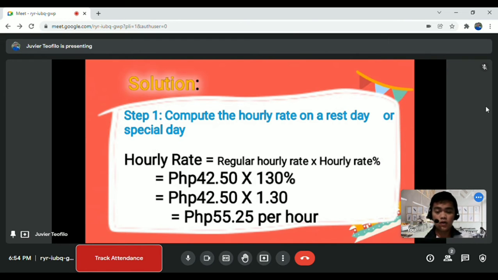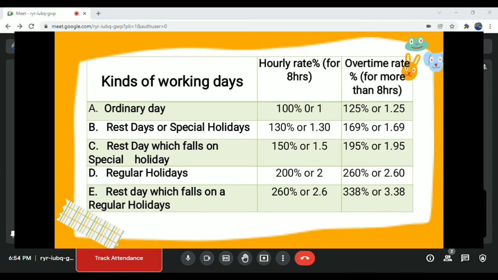Now, we are going to multiply it by 130%. Okay, sir, where did you find that 130%? Again, let's see the table. You are computing the overtime in terms of rest days or special non-working holidays, and our hourly rate is 130% or 1.30.